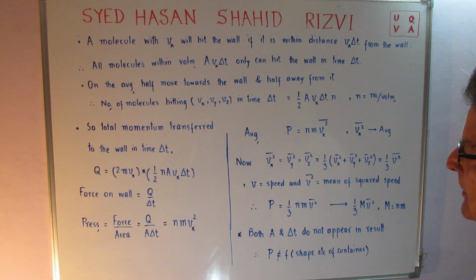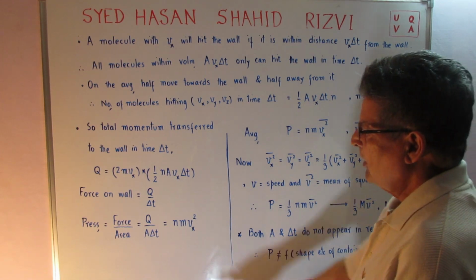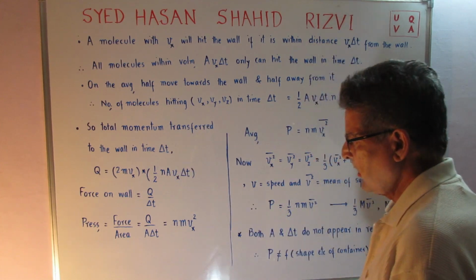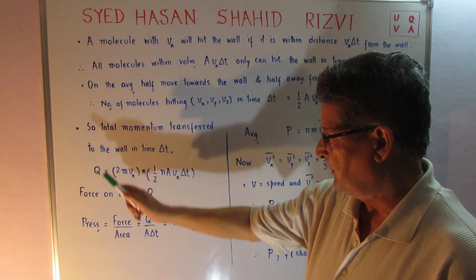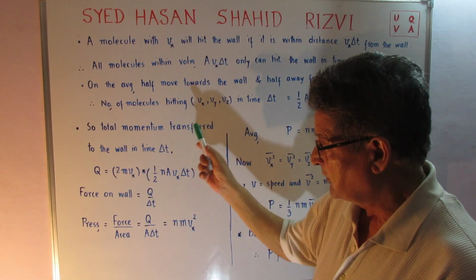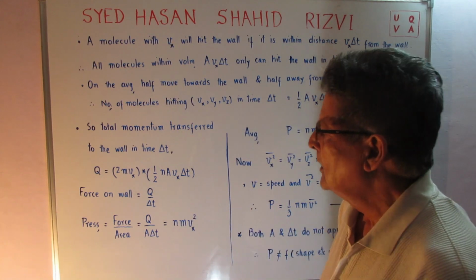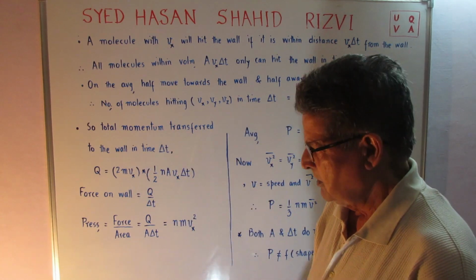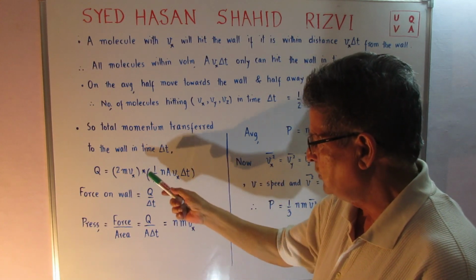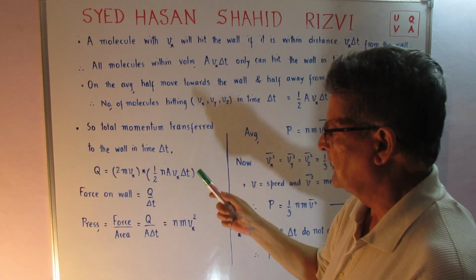So the total momentum transferred to the wall in time delta t, I am writing as q, not even as small p, because capital P we are taking for pressure, just to distinguish. It is 2 m Vx per molecule into the total number, half n A Vx delta t.